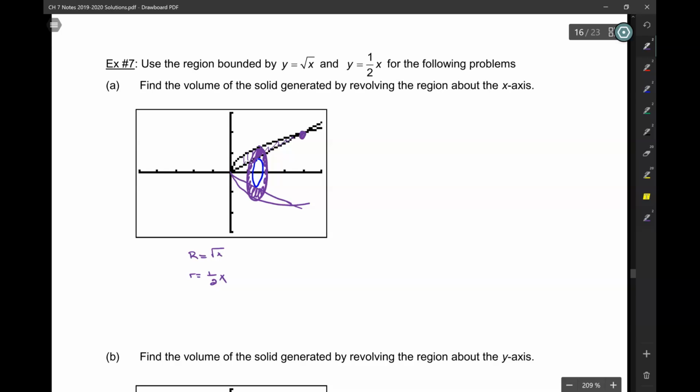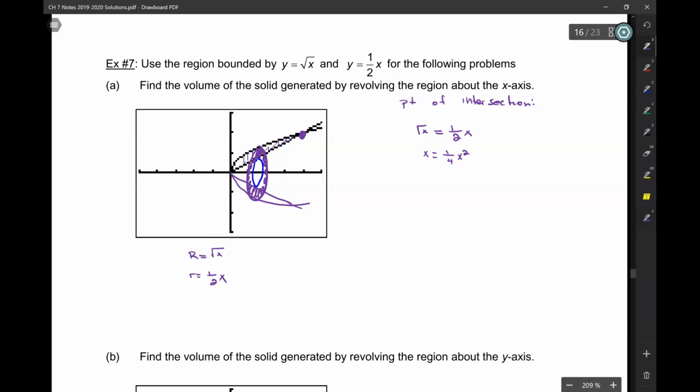What point this is, the point of intersection. You set root x equal to half x, so you set the two functions equal to each other. When you square, x is 1 over 4 x squared.